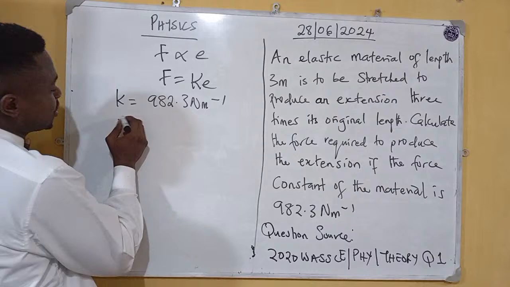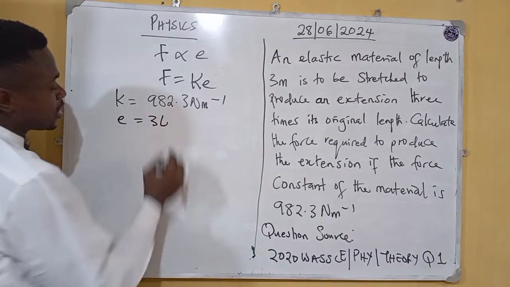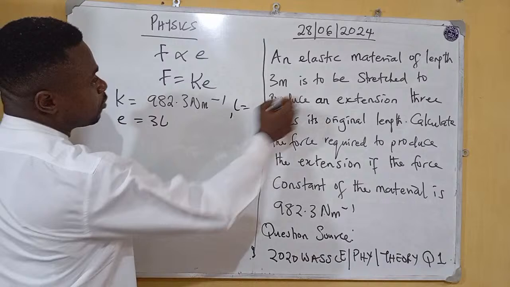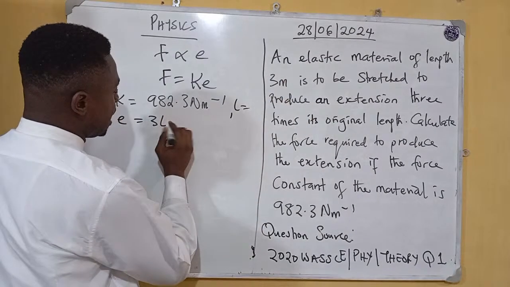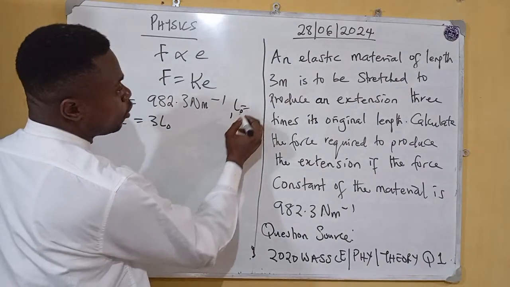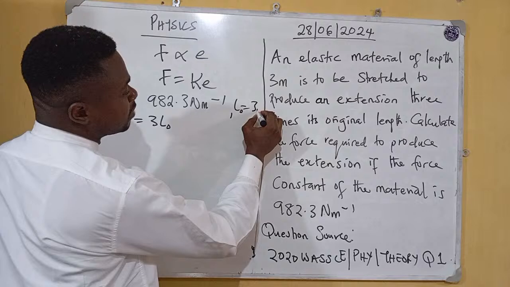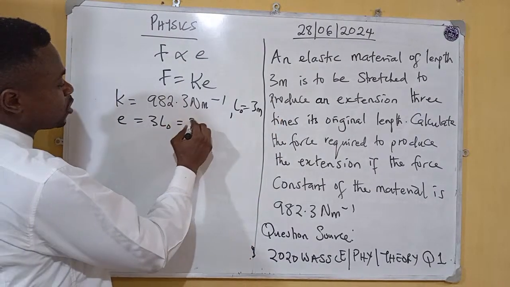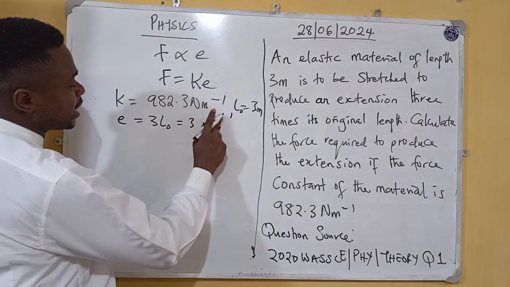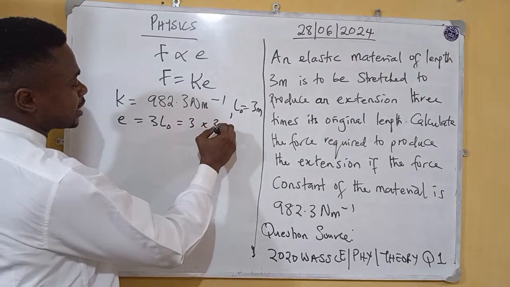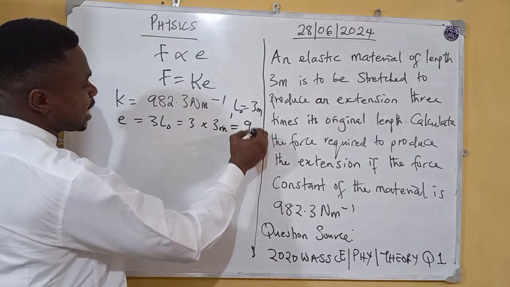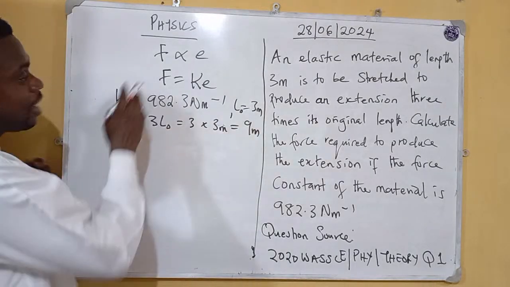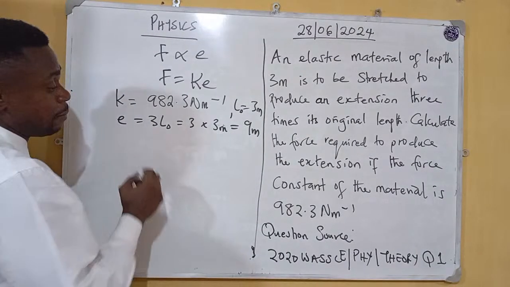So extension is equal to 3 times the original length, call it L0, which is 3 meters. So the extension is 3 times 3 meters, which is 9 meters. So we can now find the applied force.